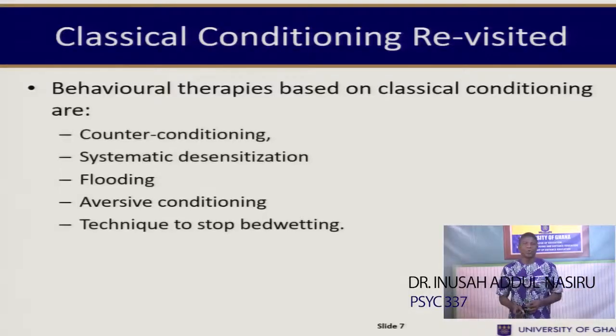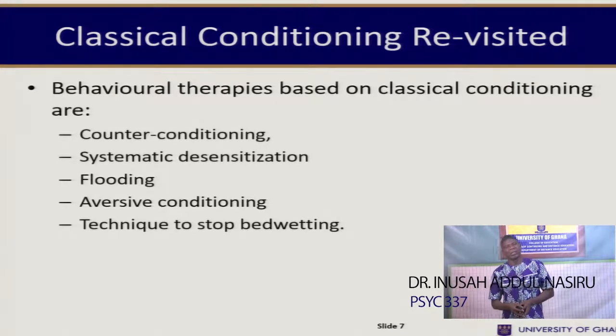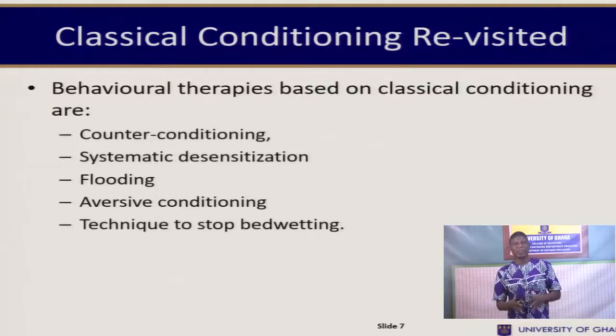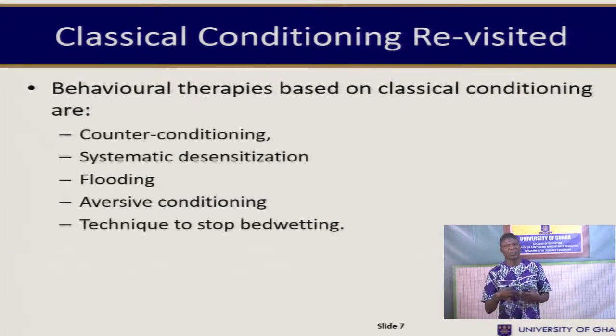So when you go back to classical conditioning as a theory of learning, you realize the way we paired the various stimuli, the neutral stimulus being paired with unconditioned stimulus, then later on the neutral stimulus acquiring the properties of unconditioned stimulus and then becoming a conditioned stimulus itself and eliciting conditioned response and so on and so forth.